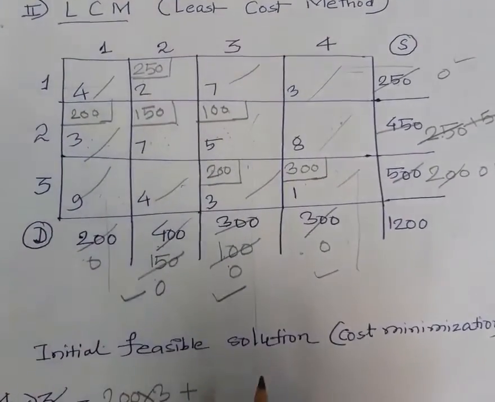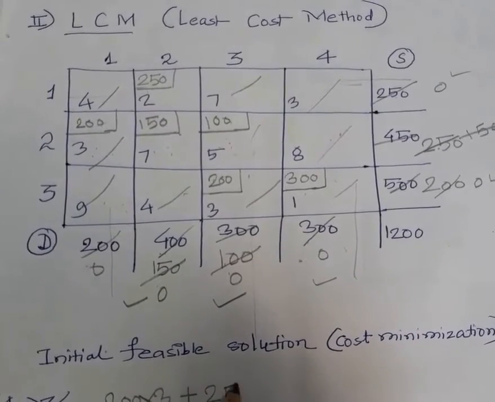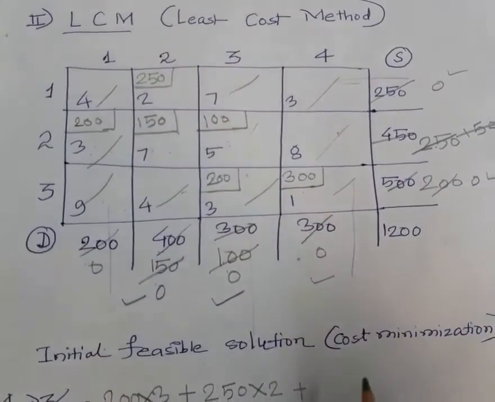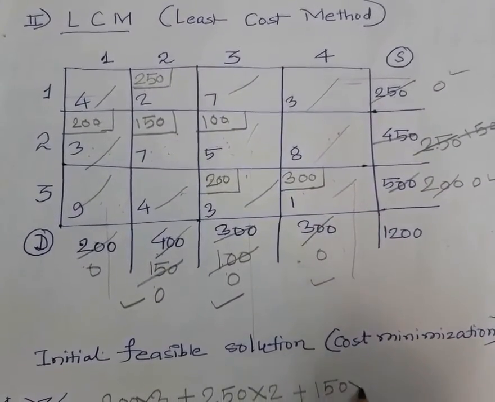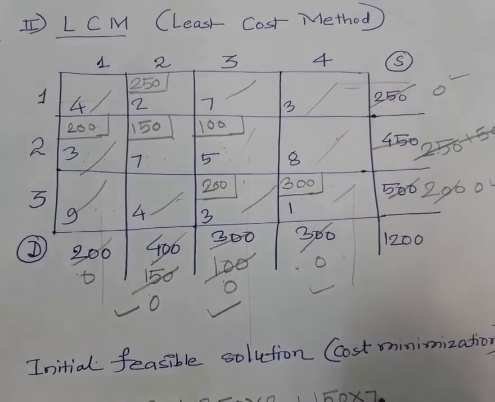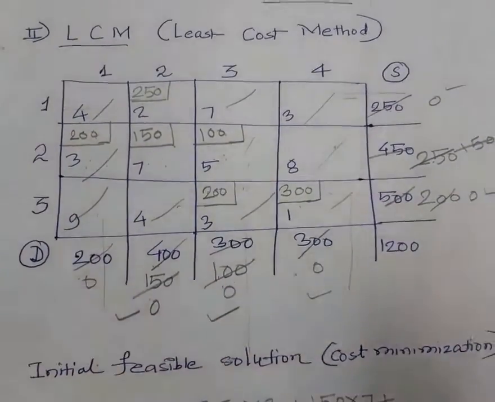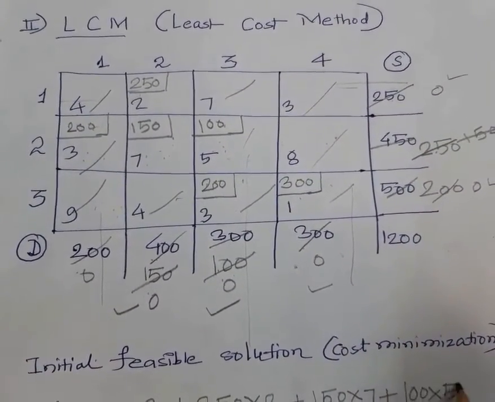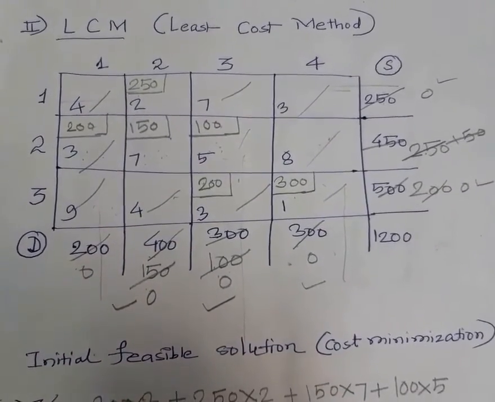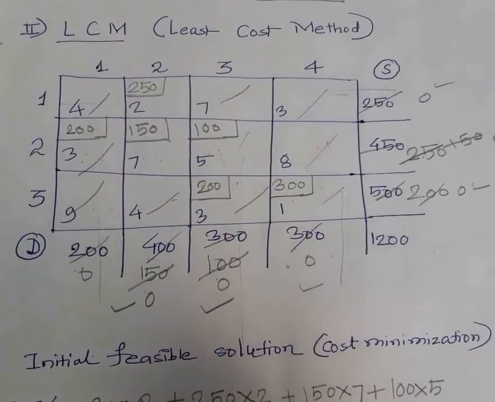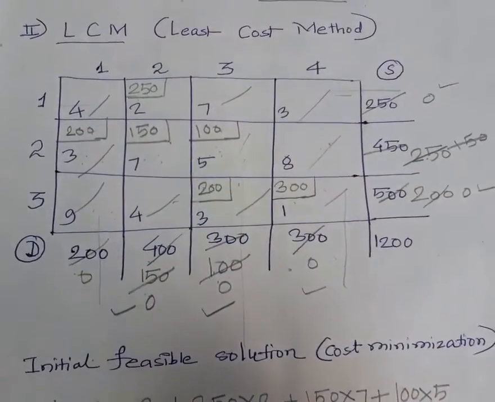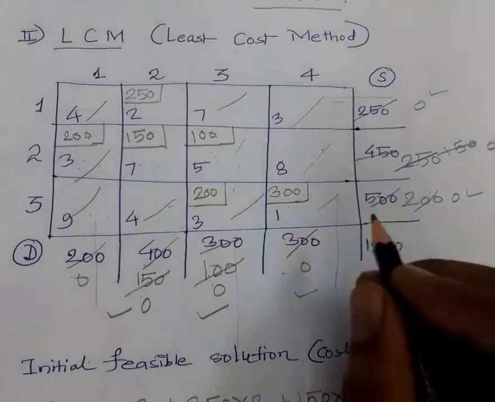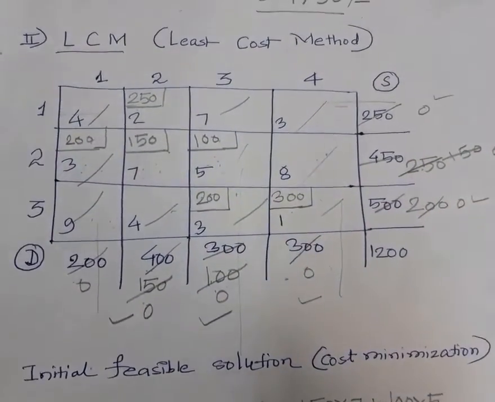plus 250 into 2 plus 150 into 7 plus 100 into 5 plus 200, this one, into 3 plus 300 into 1.